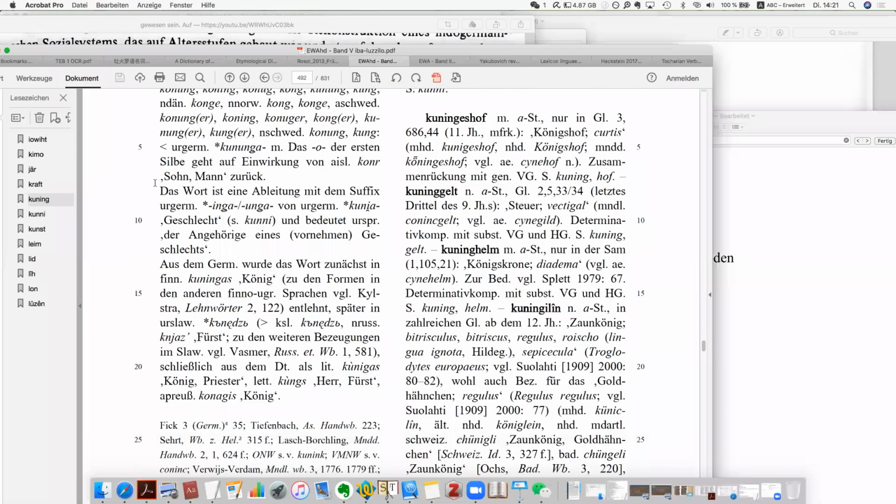It says: Das Wort ist eine Ableitung mit dem Suffix Urgermanisch inga und unga von Urgermanisch kunja. And kunja, you check, means Geschlecht. So Geschlecht means actually the family, 种族, folk, or family, right?